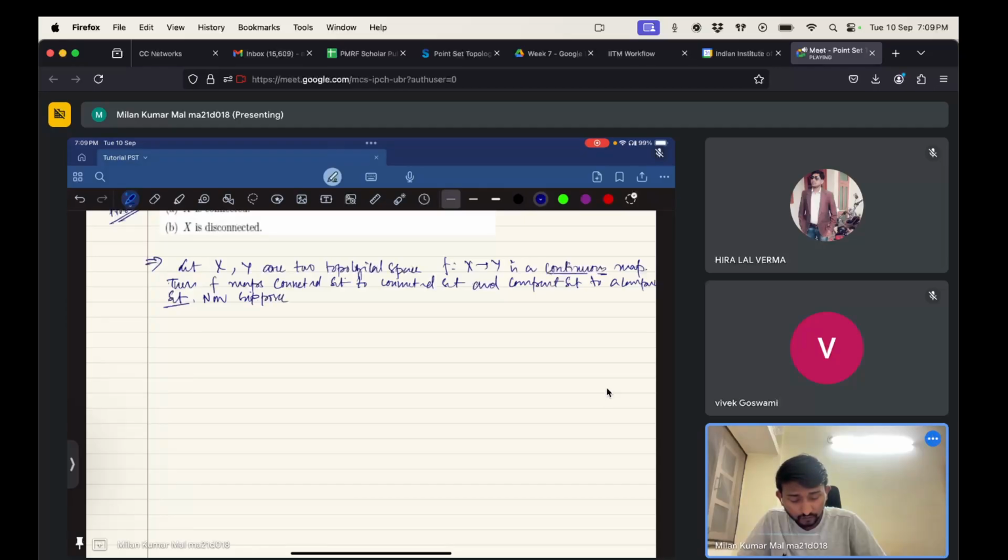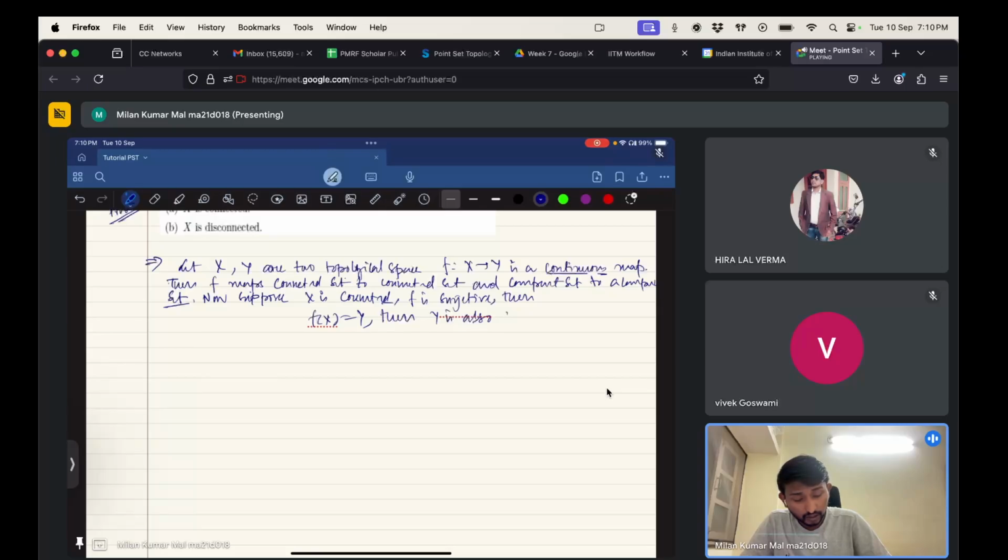Suppose X is connected and f is surjective, then f of X equals Y, so Y is also connected. So this is the idea. On the basis of this idea, we have solved problems number 10 and 11 of assignment 5, and on the same idea I will prove problem number 12 also.